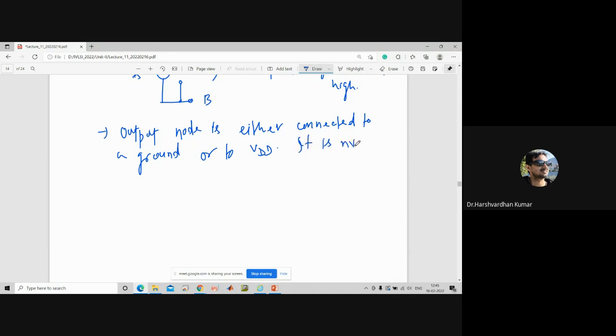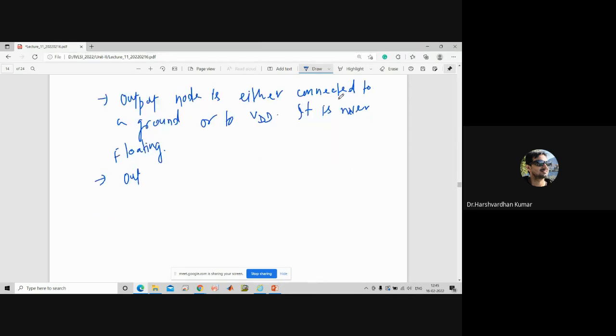It is never floating. Okay, now, we can say that the output is not a floating node. That is correct, we have already written. Now, third point.